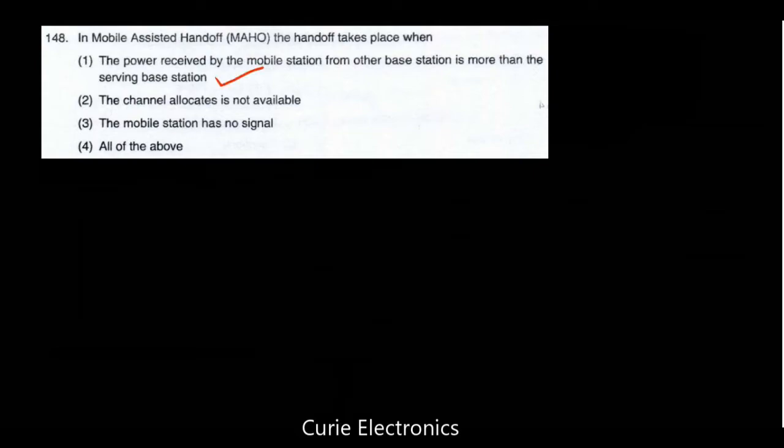That means our mobile phone is connected to our base station, but after some time we move, and from the other base station we are getting a higher strength signal. So it will change over to that particular base station. That is mobile assisted handoff.